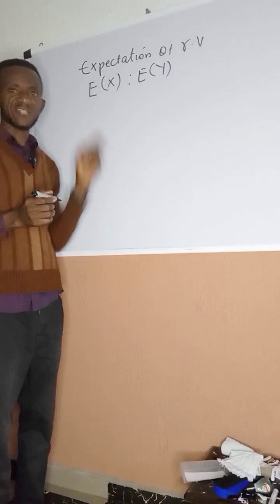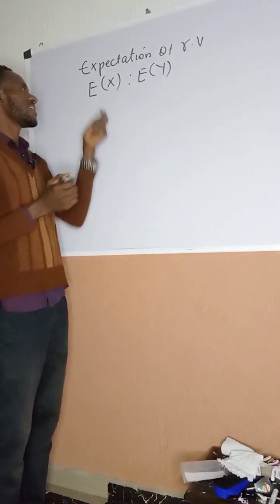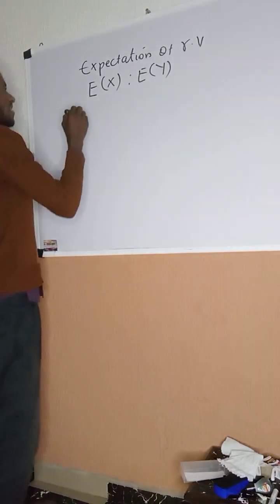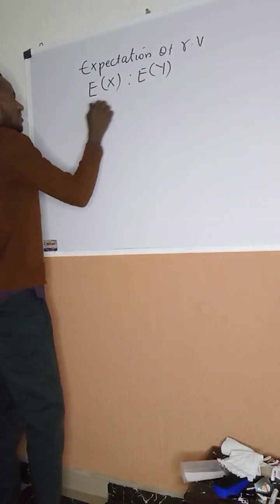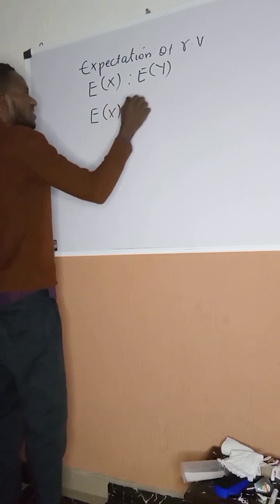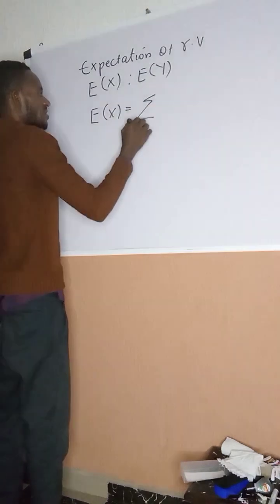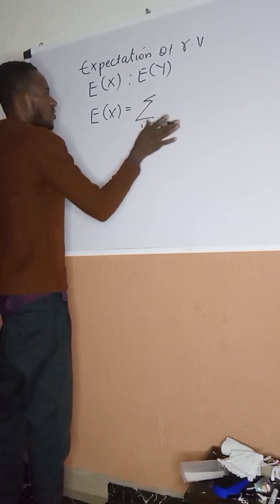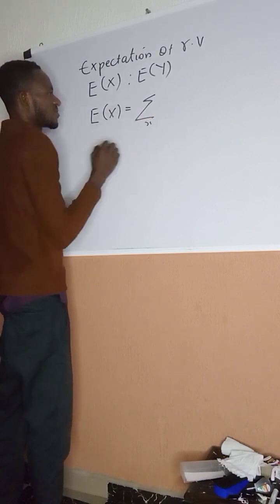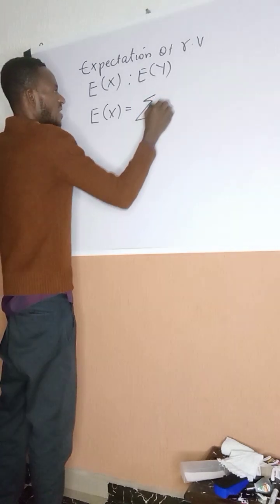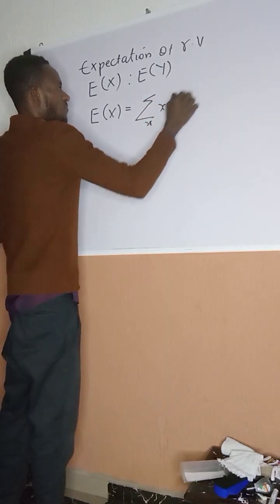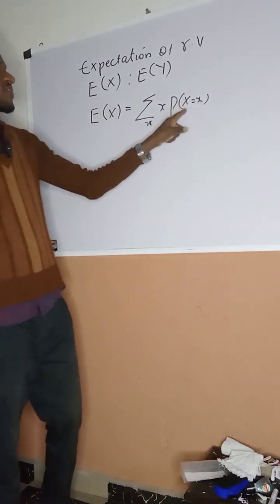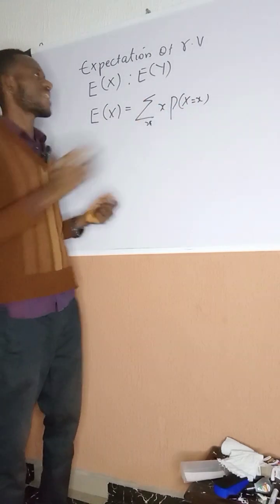And of course, in that class, we said that expectation of random variable X is expressed as E of X equals summation over the range of X of x P of x.